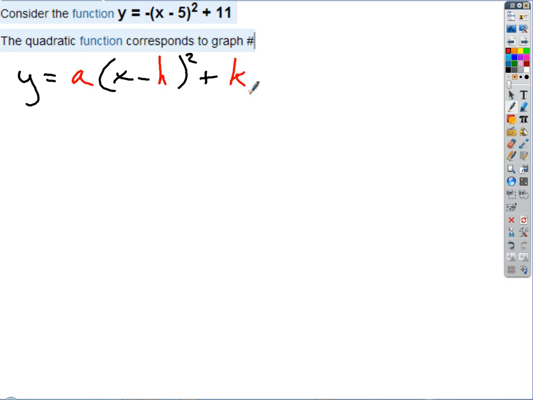We just need to know the values of a, h, and k, and that's all we require to find the graph of this. So, what is a? Negative one. What's h?